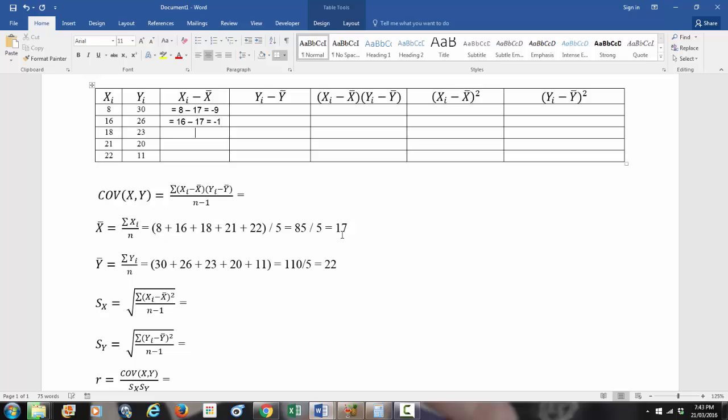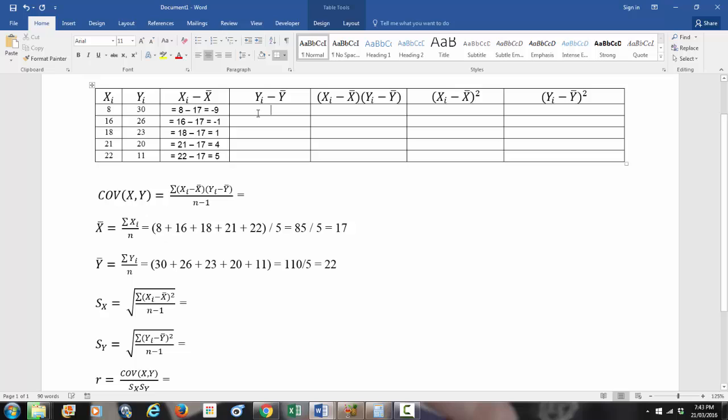The next one will be 18 minus 17, which is equal to 1. 21 minus 17, which is equal to 4. And then lastly, 22 minus 17, which is equal to 5.